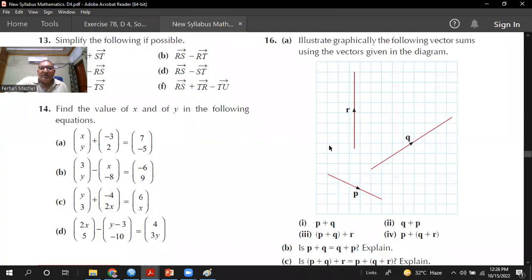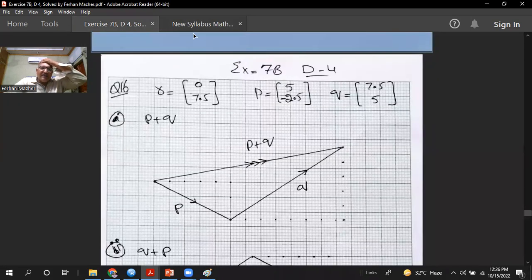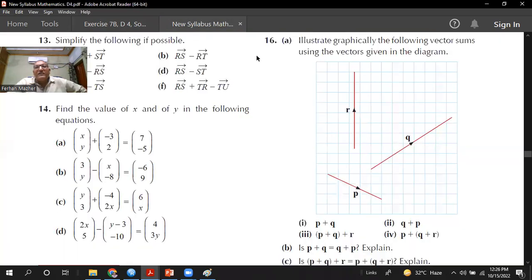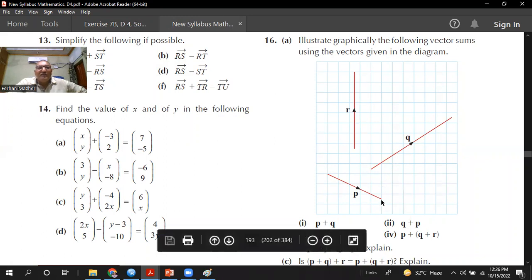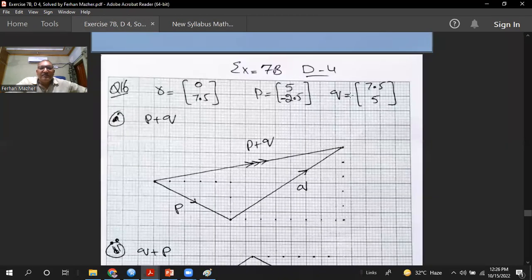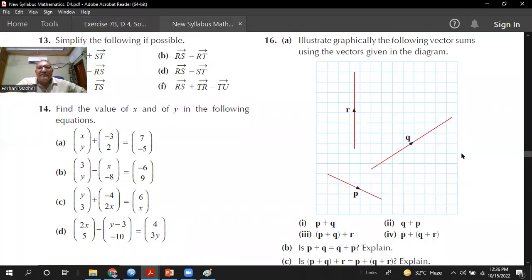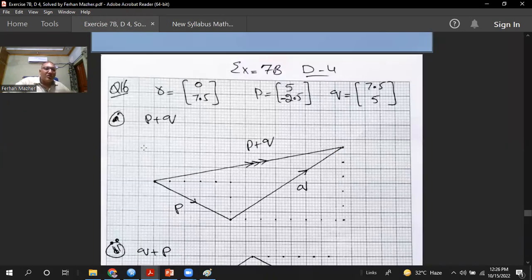The R is on the x-axis, you have not moved, only on the y-axis. So this is 0, 7.5. And the P is 5, minus 2.5. The P is 1, 2, 3, 4, 5, then 1, 2, 2.5. So this is 5, minus 2.5. The Q is 7.5, 5. 7.5 on the x-axis, and on the y-axis, you have moved 5. So these are the column vectors of the P, the R, and the Q.